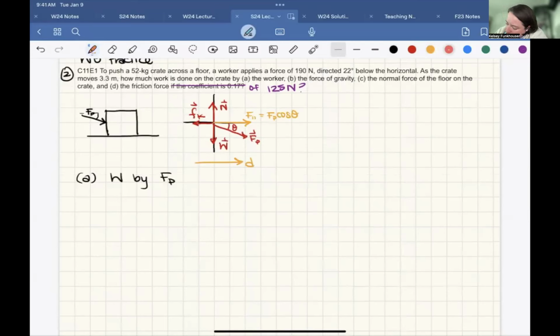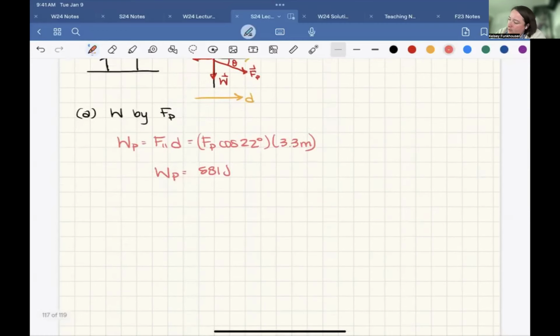So the work done by the pushing force is the parallel component times the distance, or the pushing force times cosine of 22 degrees times the 3.3 meters. And here the pushing force is 190 newtons. So for the work from the pushing force, we get 581 joules.